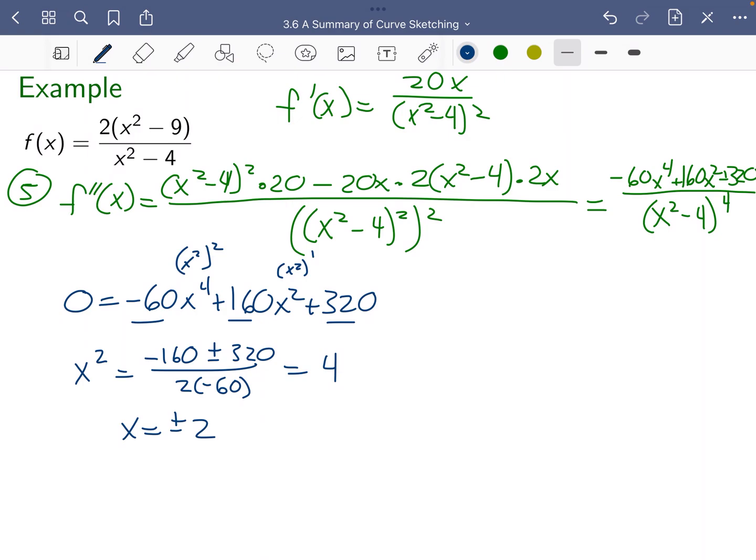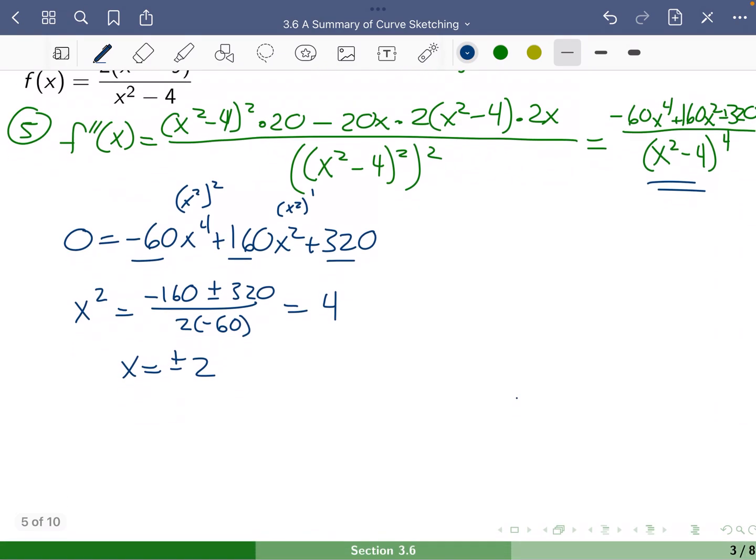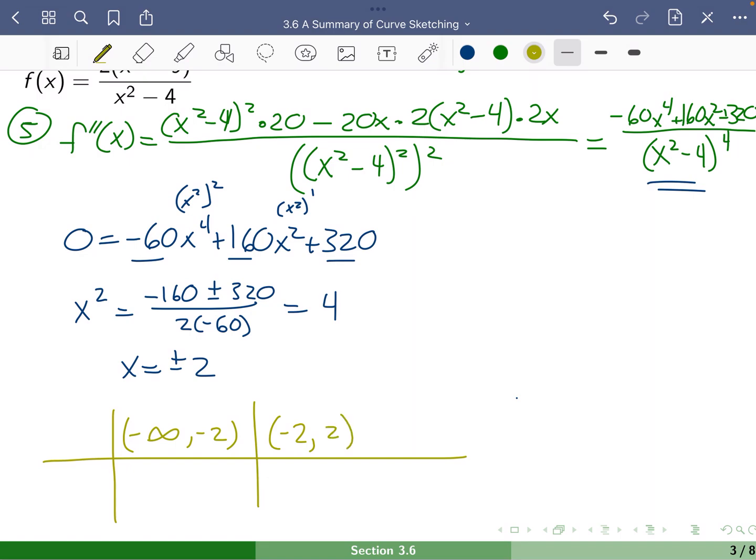Now, we might observe those are the same values that will give us 0 in the denominator. And so, when we look at this, we can do a sign chart. We're going to go from negative infinity to negative 2, negative 2 to 2, and then from 2 on up to infinity. And now we are doing a sign chart for the second derivative.